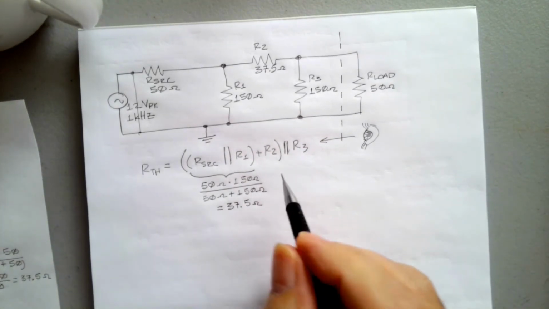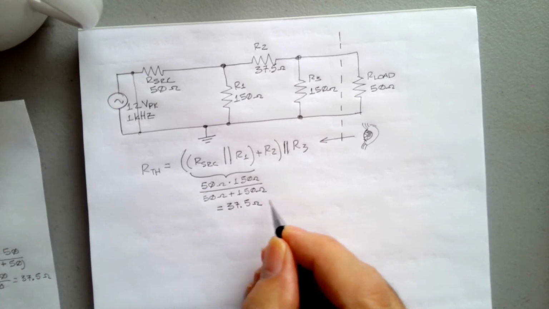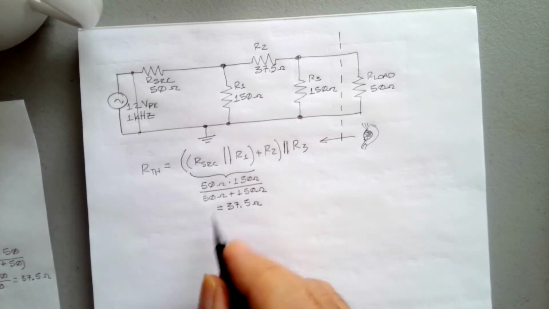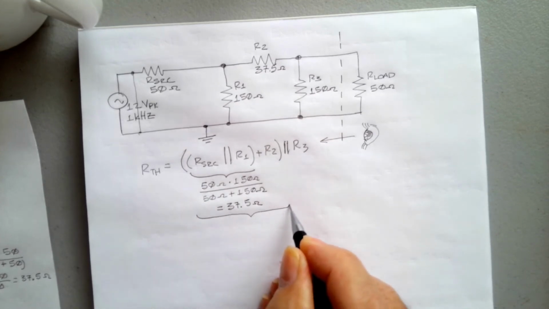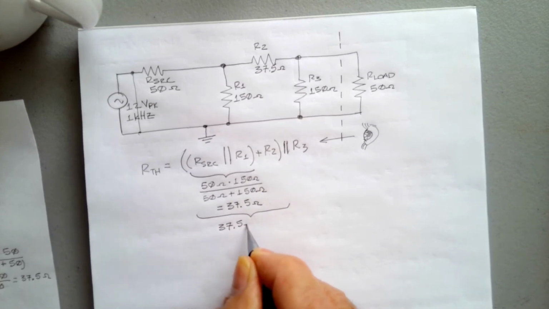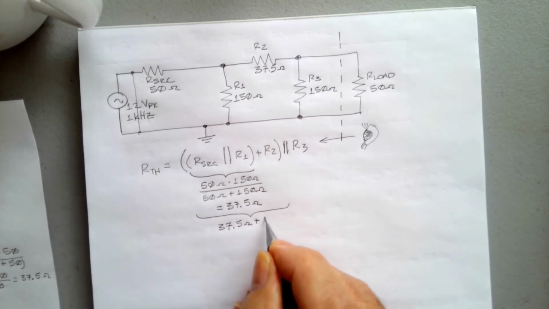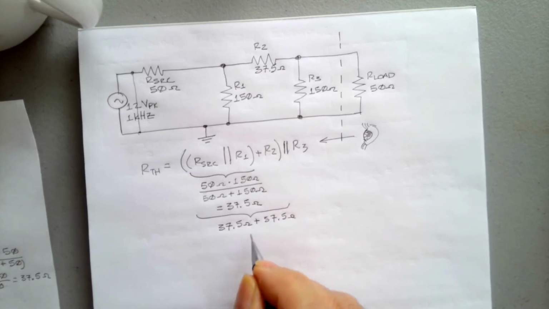Now we're going to put that in series with R2, which is 37.5 ohms. All right, so if we want to take this a little farther, we've got 37.5 ohms plus 37.5 ohms, which gives us 75 ohms.